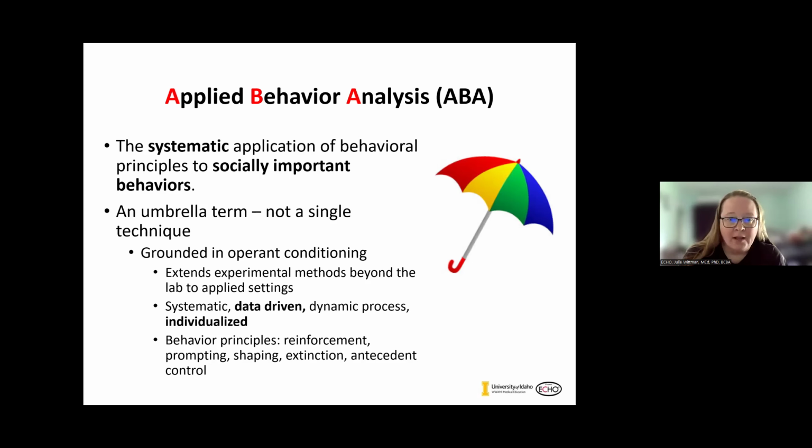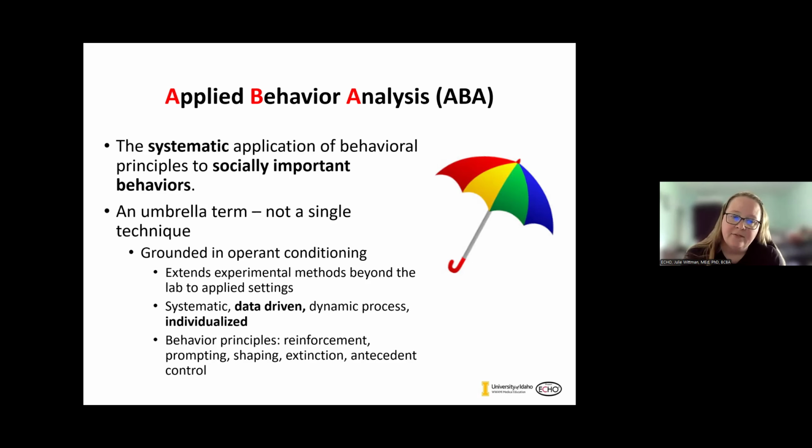ABA is an umbrella term. It's not one single technique, and all of the behavioral principles or techniques that are under that umbrella are grounded in operant conditioning. It is the most studied treatment for autism in terms of the number of research papers that are out there.